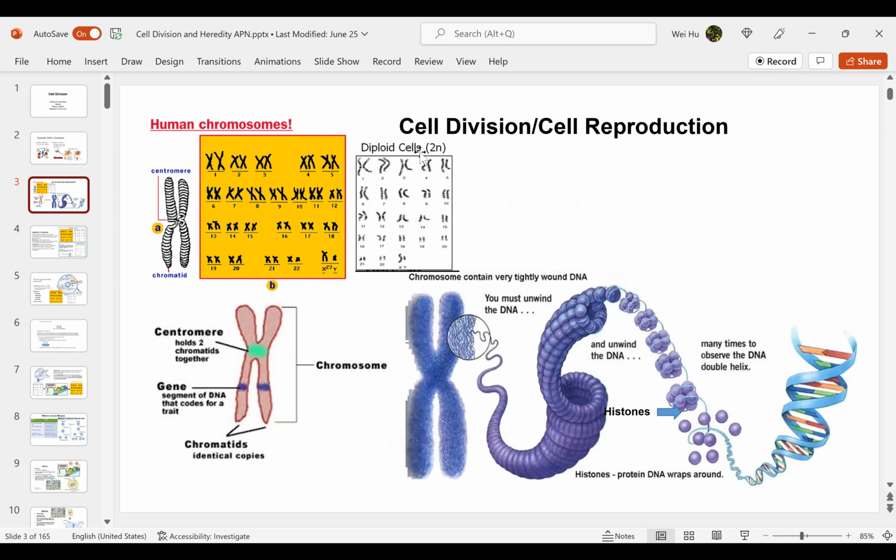So this is your chromosome. Normally, if you have 46 chromosomes, you have 23 pairs. So you have pair 1 through pair 23. Pair 1 to pair 22 contain the same genes, whereas pair 23 depends.